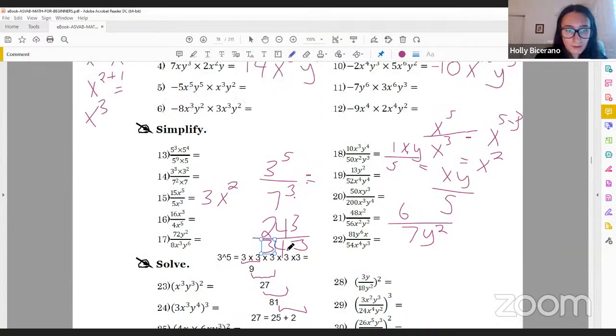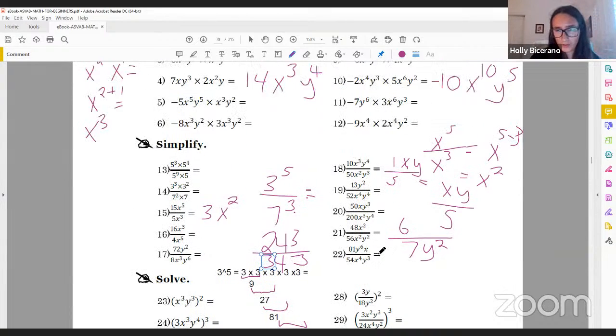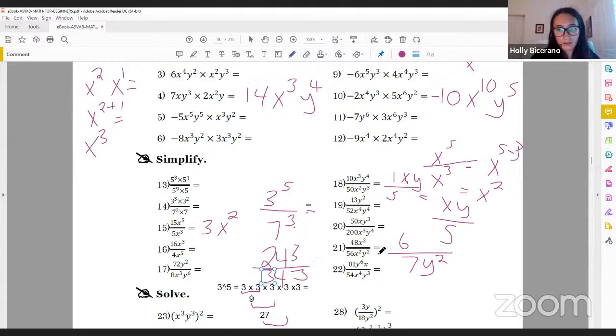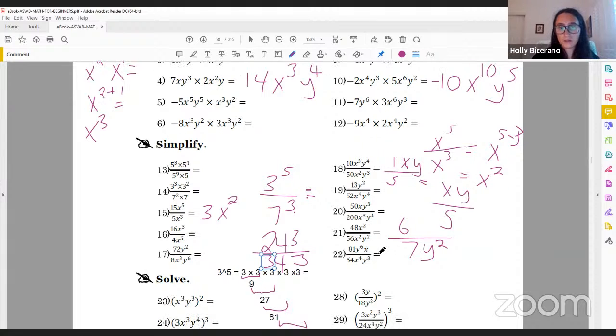Okay, so we're going to end with one more exponent rule for today. We're going to do the negative exponent rule. The negative exponent rule is simply how you simplify the exponent at the very end.